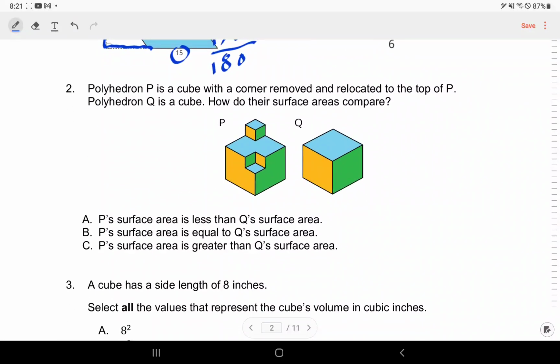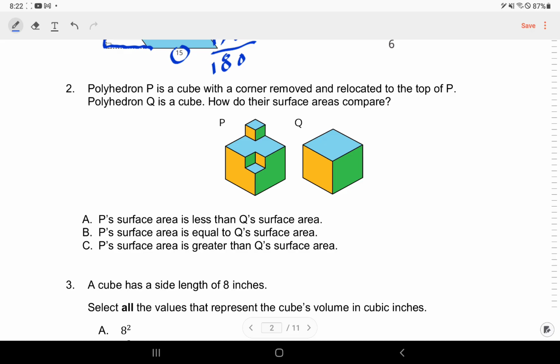Now, for question 2. So we've got these two shapes. Polyhedron P is a cube with a corner taken out and put on top. Now, polyhedron Q is just a flat cube. So how do their surface areas compare?